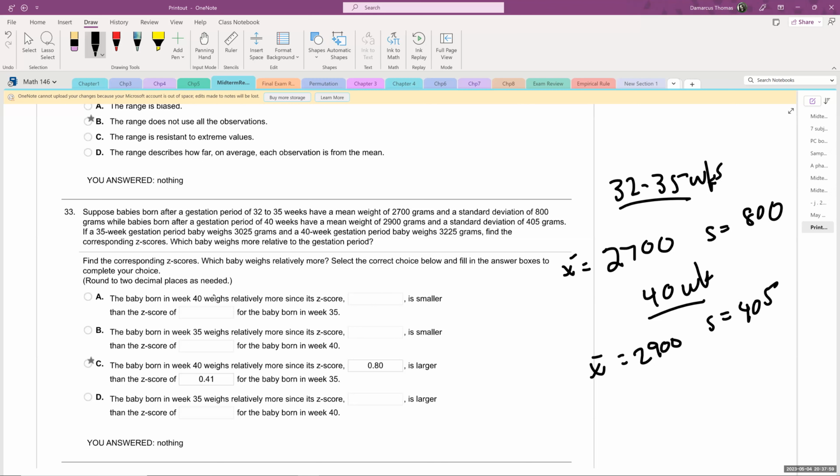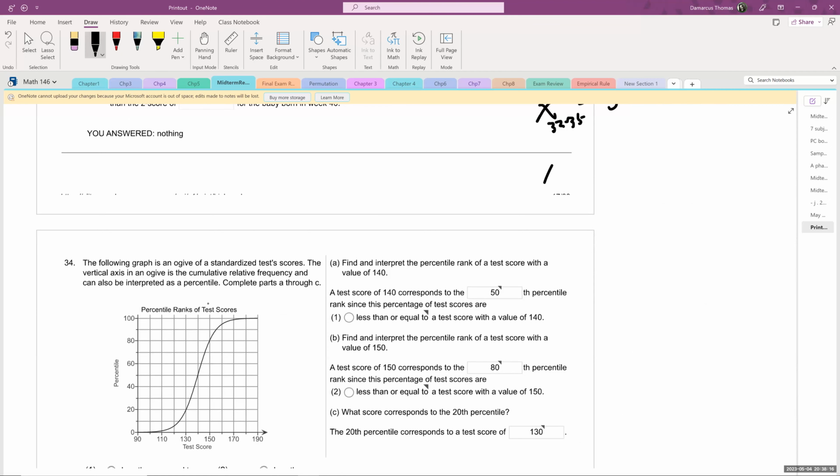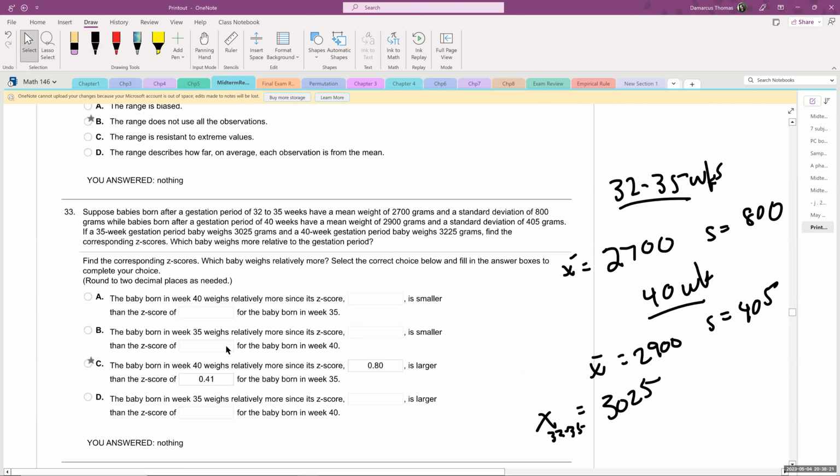Now, our X, and I'll put X sub 32 through 35, was 3025. Our X for 40, so the X is representing some data point, some individual in the data.